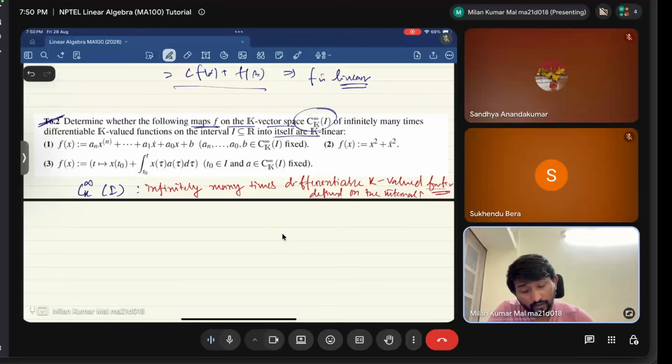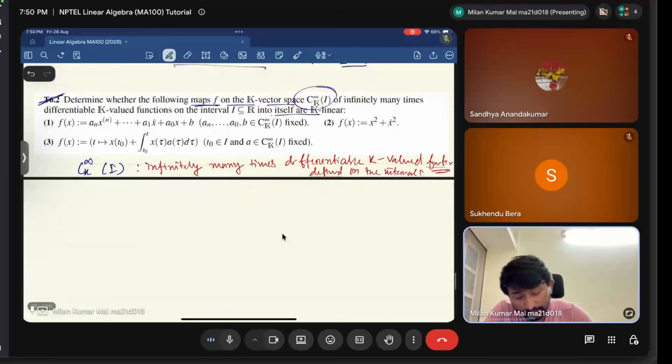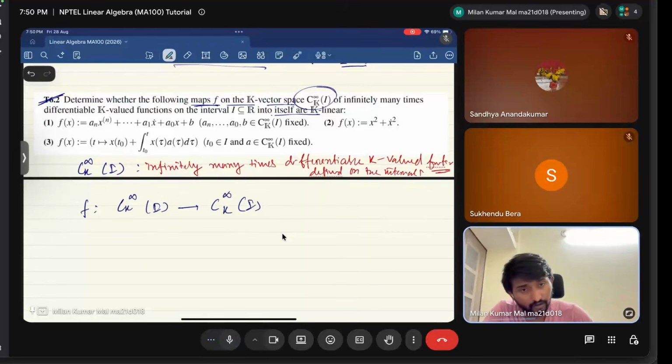So this is the space C infinity of I. Let's take f, a function which maps C infinity I to C infinity I, the infinitely differentiable K valued functions defined on the interval I.